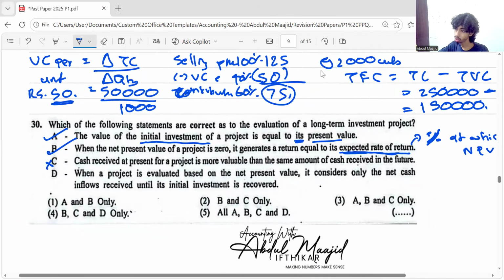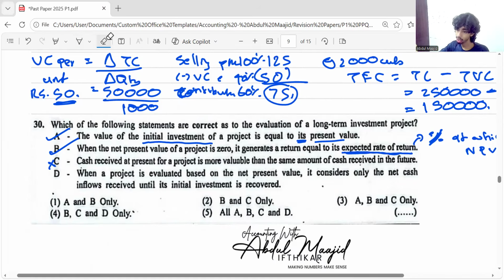Here they are saying more valuable; I read it as equal. See, getting 5,000 today is more valuable than getting 5,000 after 5 years, right? The value of that 5,000 you get in the future will be low compared to the 5,000 you get today.